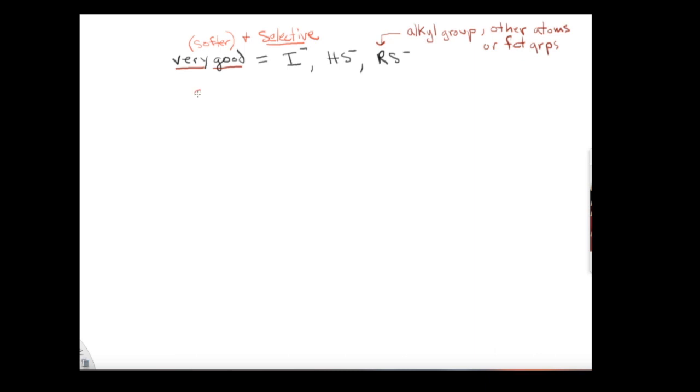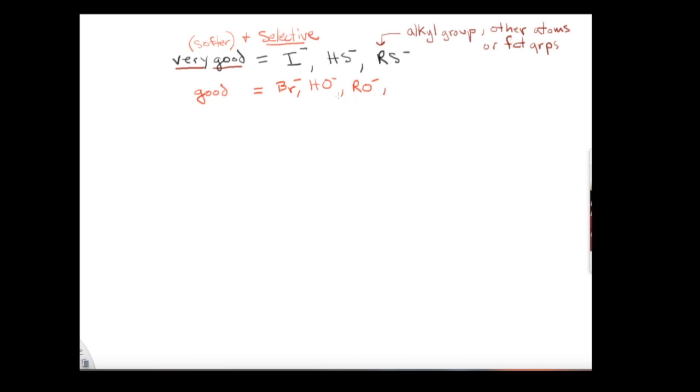Now, we also have what we call good nucleophiles, and in this list we're going to have bromide, we're going to have hydroxide, although take that one with a grain of salt, because it's going to depend on the conditions in which you're using it. And then we're going to have RO-, so these would be like alkoxides.